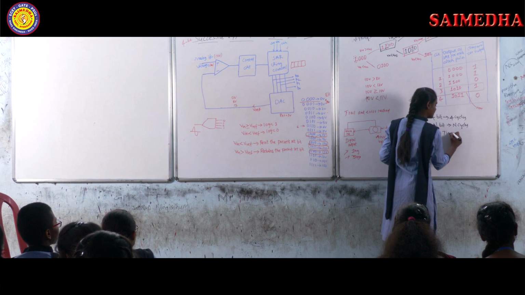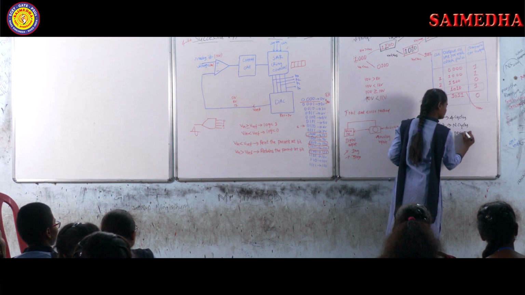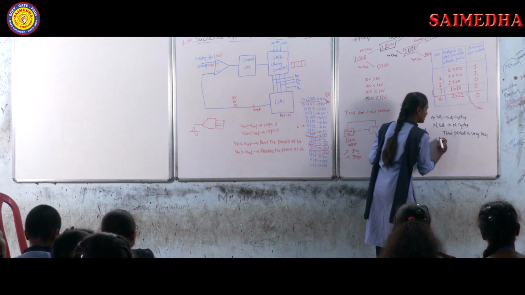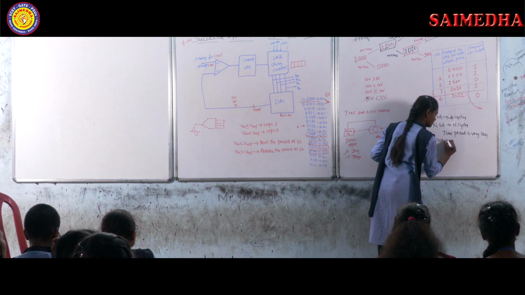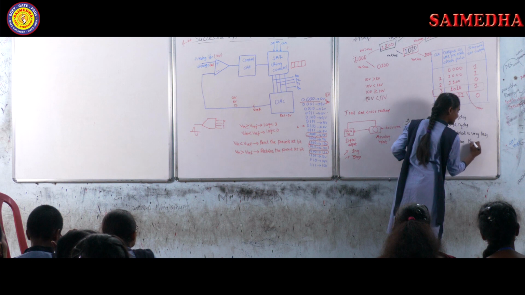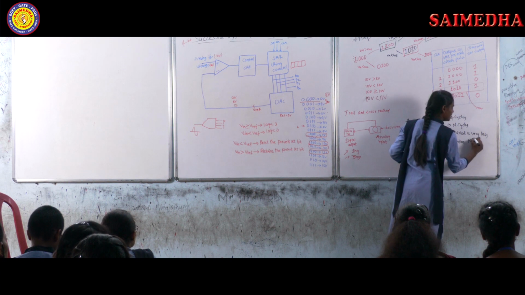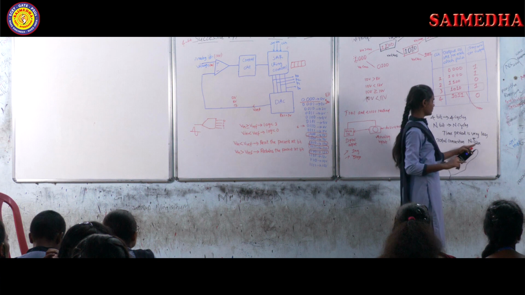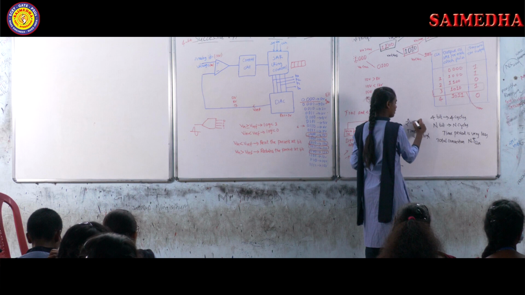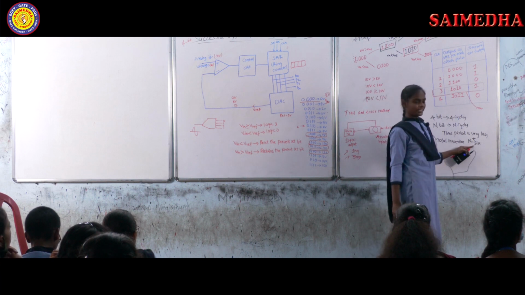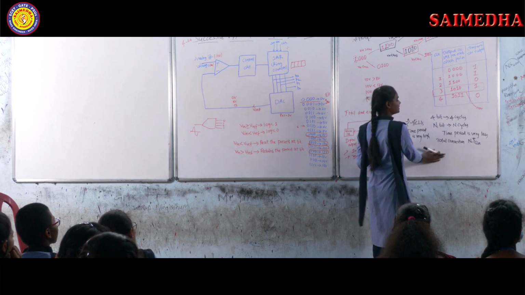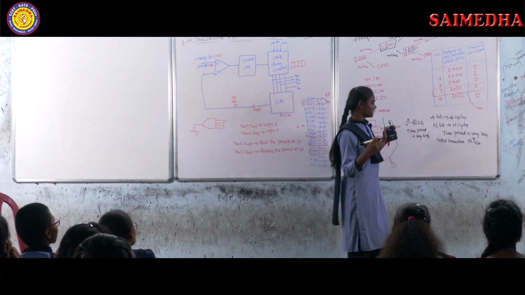And the total conversion time is n into t clock, where t clock is the time period of the clock. But in the counter type it takes 2 power n minus 1 into the time period of the clock. Here n into t clock, means the time period is very less. That's why it completes the conversion very fast.